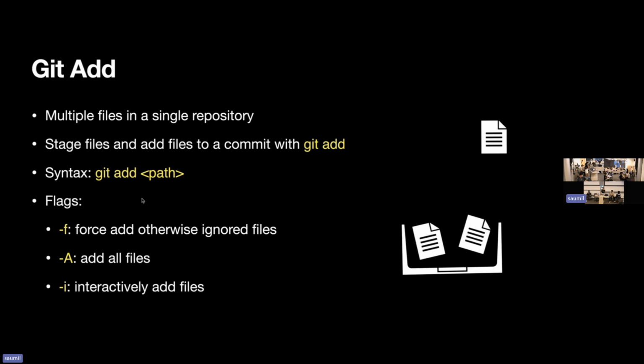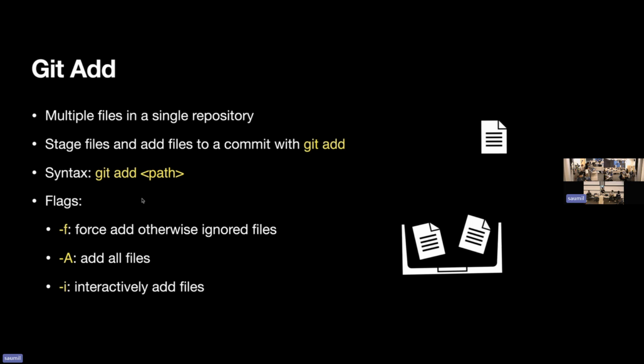It's quite a lot, but here are some that I think are quite common. So you have -f, which forcefully adds otherwise ignored files listed in, for example, your .gitignore. You also have -A, capital A, which adds all files. And then you also have -i, which allows you to interactively add files.